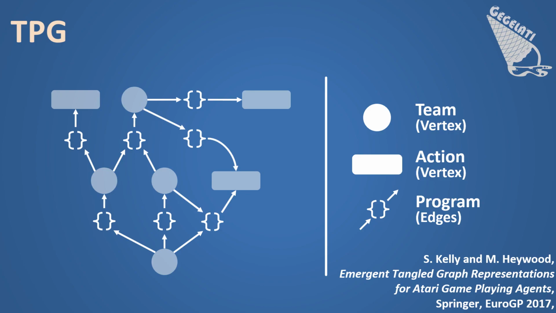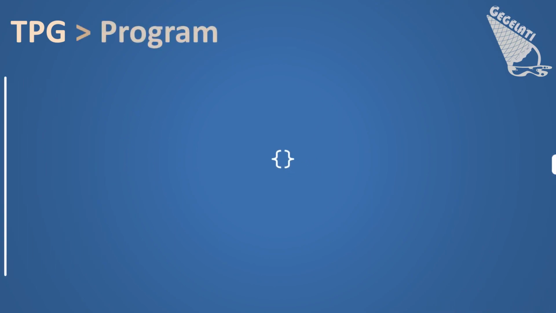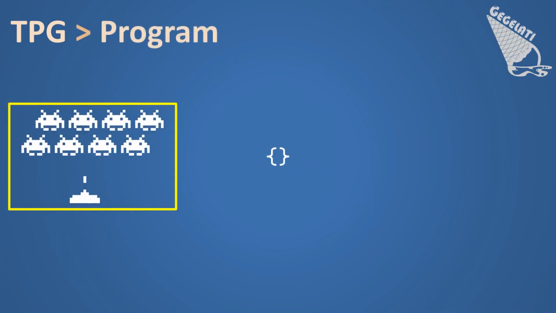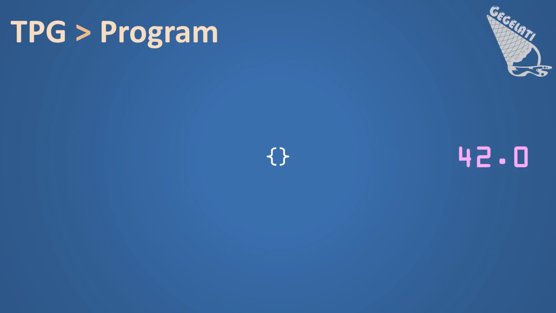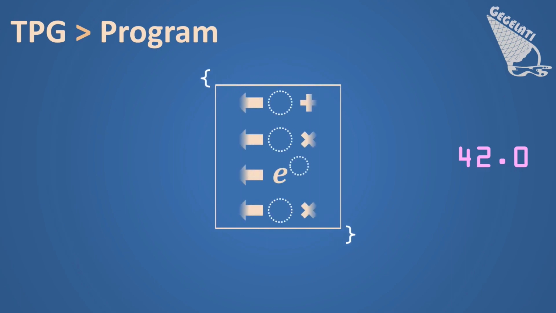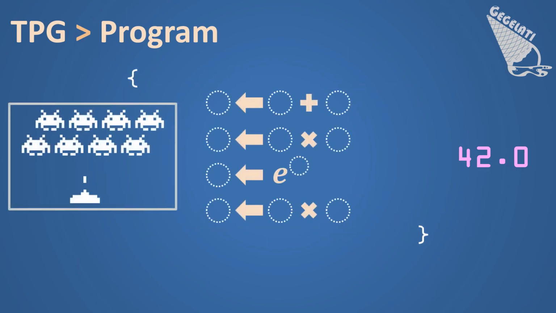To understand how a TPG works, we must first understand what we call a program in this context. From afar, a program can be seen as a black box that takes a state of the environment as its input, processes it, and produces a number as an output. On the inside, a program is a list of instructions like addition, multiplications, or more complex functions like the exponential function.